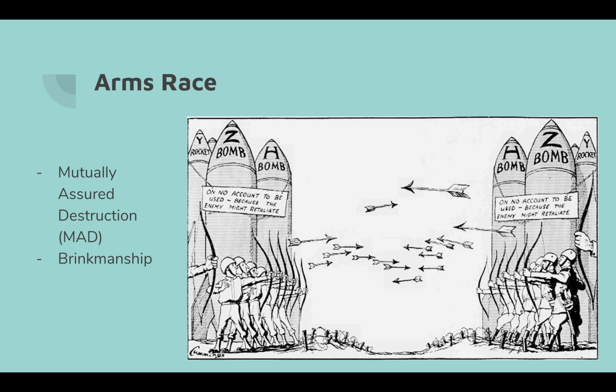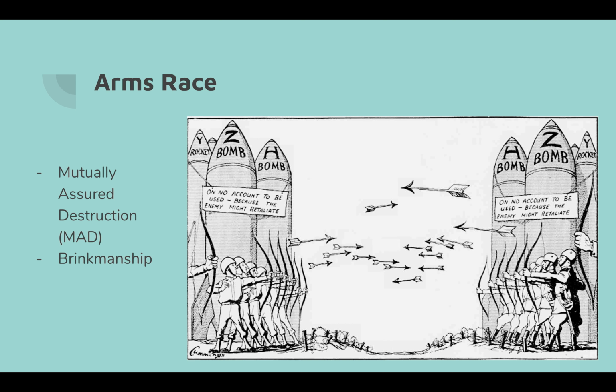Essentially, both sides had such an arsenal of weapons, such a collection of weapons, that if either side used it, especially since the US used the atomic bombs at the end of World War II in Japan, nuclear weapons were now the greatest fear, right? A nuclear war was the greatest fear.